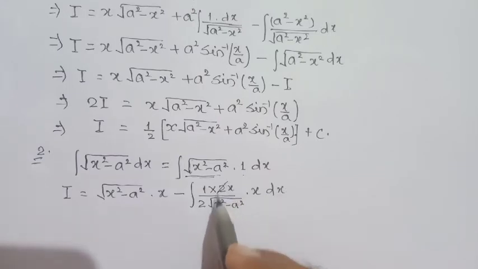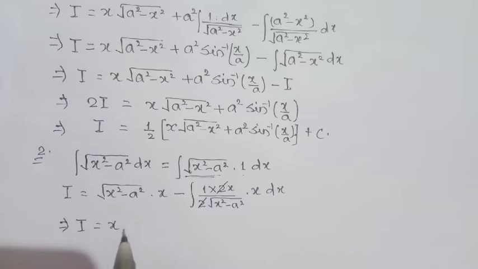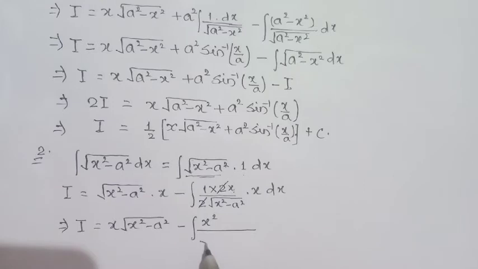Again 2 and 2 should be cancelled here. So I should further be written as x into under root x square minus a square minus, x and x together become x square by under root x square minus a square dx.